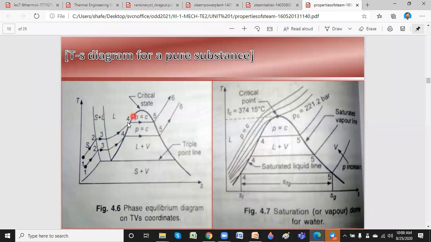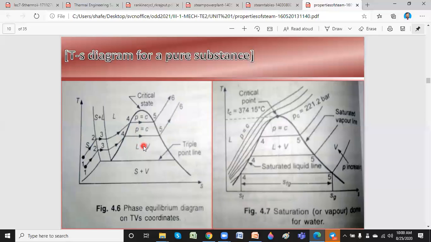Now you see this curve of this shape. The left side of this particular line is called the liquid line. That's why you see L here. L indicates that this entire region on the left-hand side is liquid, and the entire region on the right-hand side is vapor.